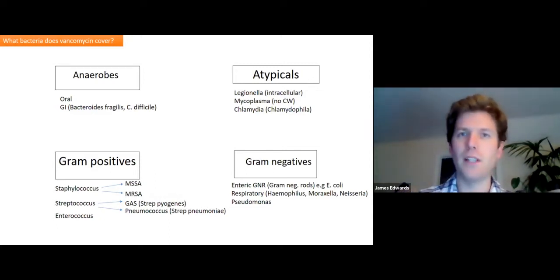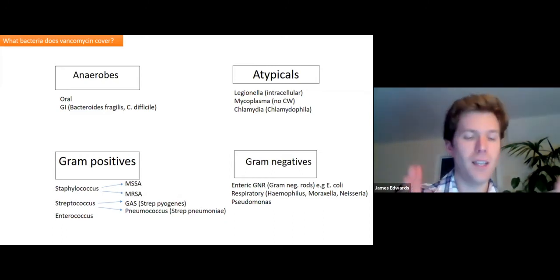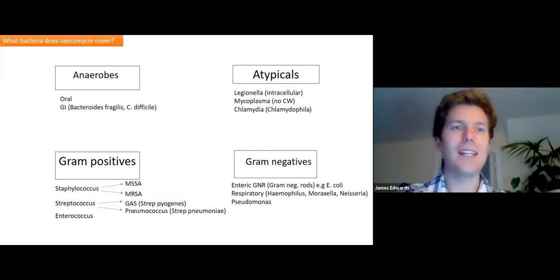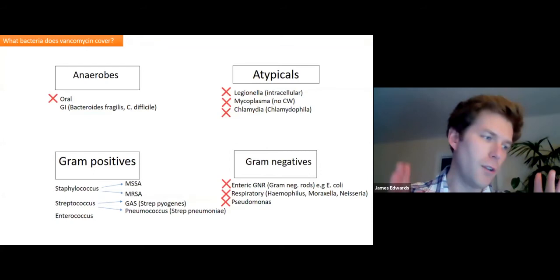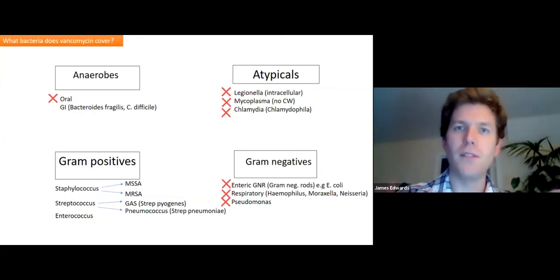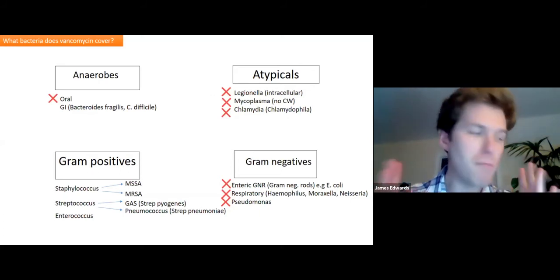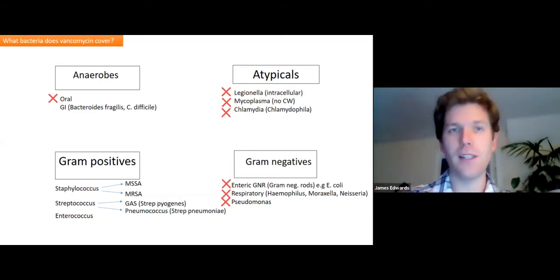The spectrum of activity with vancomycin is actually really easy to remember. Vancomycin is useless against everything except gram-positive bacteria. Atypicals, gram-negatives, if you're treating a patient with those infections, no matter how much vancomycin you put into that person, it will have no effect.